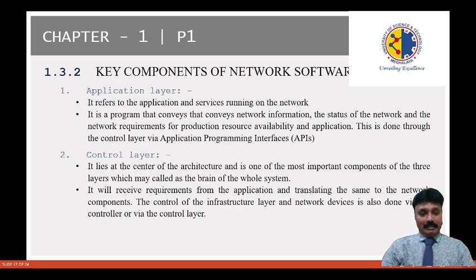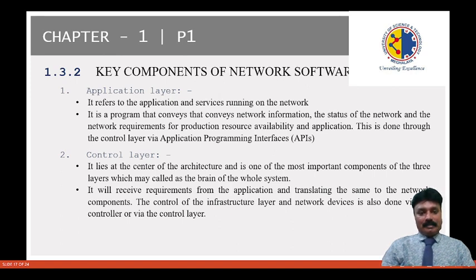Then the control layer. It lies at the center of the architecture and is one of the most important components of the three layers. It is the heart of this communication, which may be called the brain of the whole system. The brain of the entire system is the control layer, that is our middle level.